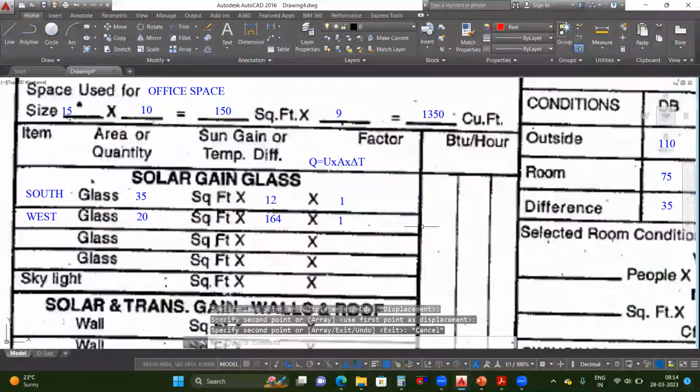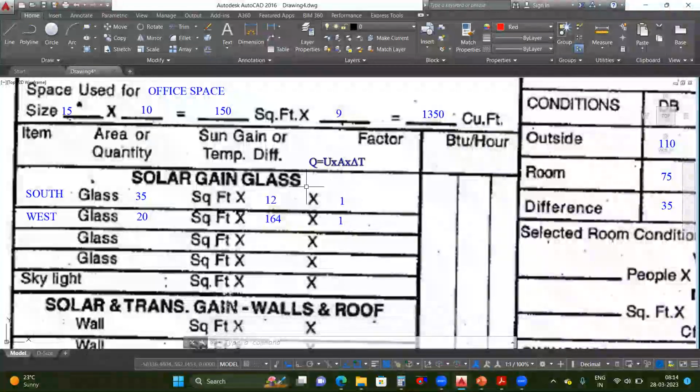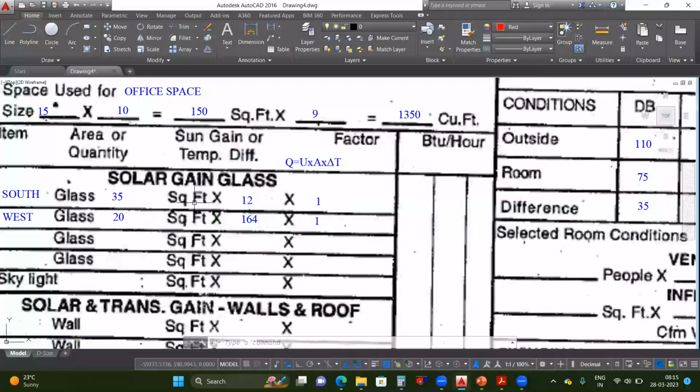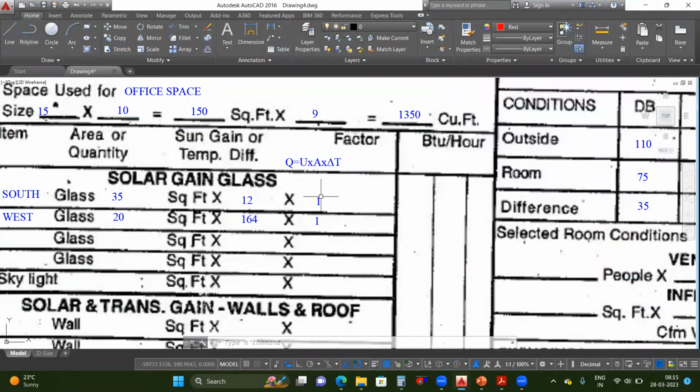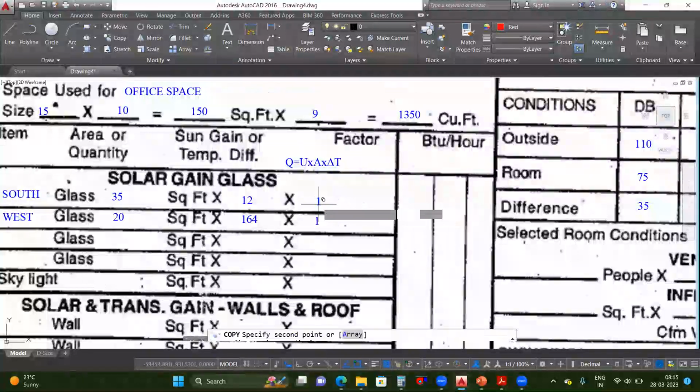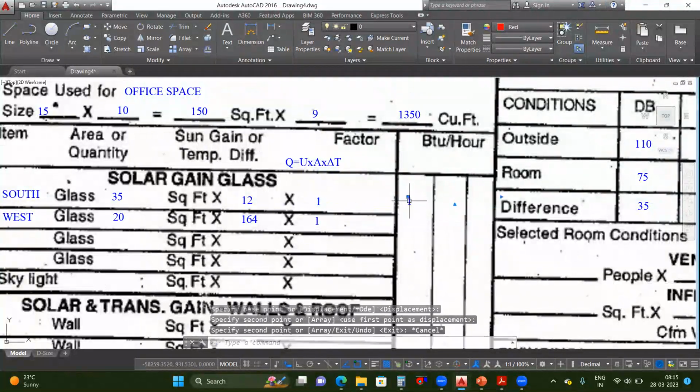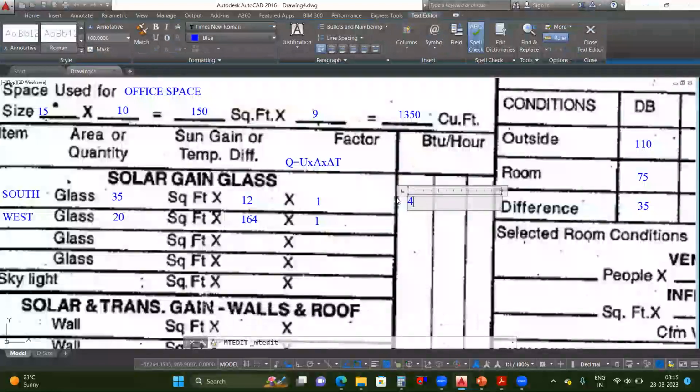Okay, so we need to multiply. We have taken the U value, the area value, and the delta T value. So we need to multiply these: 35 multiplied by 12 by 1. So we'll get the heat in the form of BTU per hour. 35 multiplied by 12, we get 420 BTU per hour.